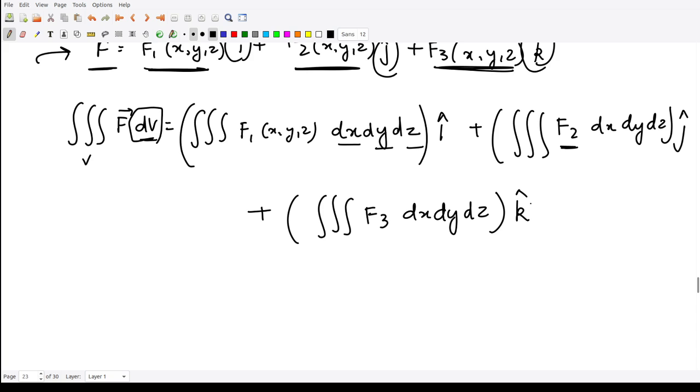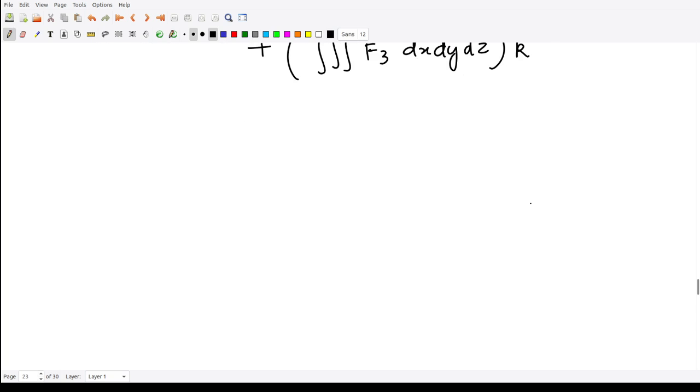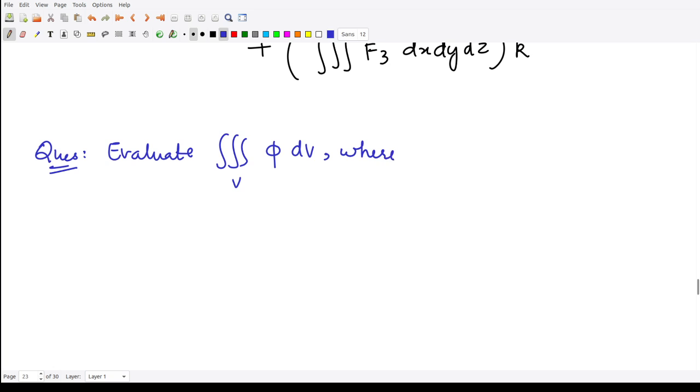Now to understand this concept clearly, let's have a look at one question. The statement says: evaluate the volume integral of the function phi, where phi is defined to be 45 x square y.